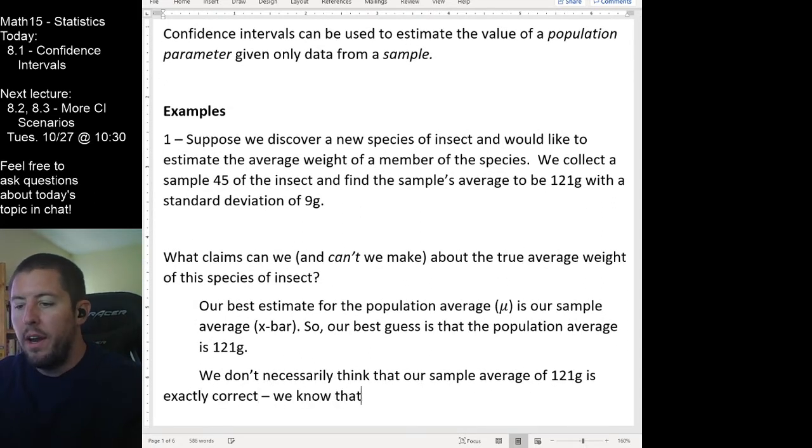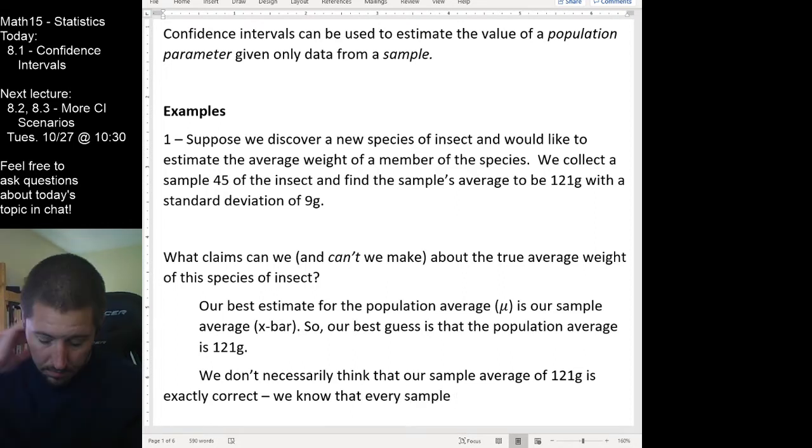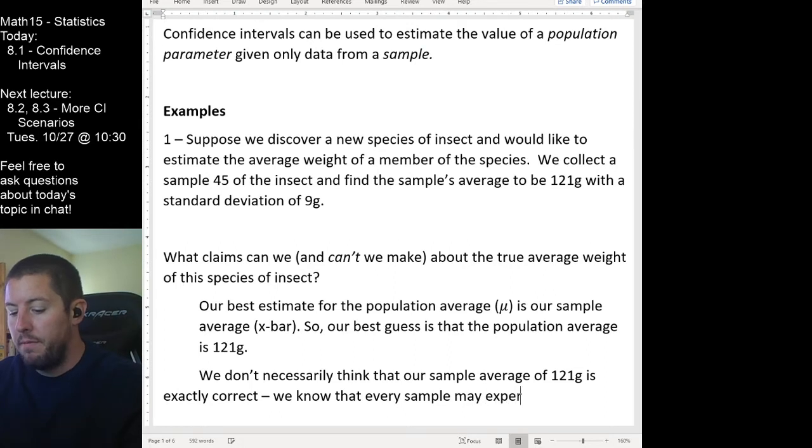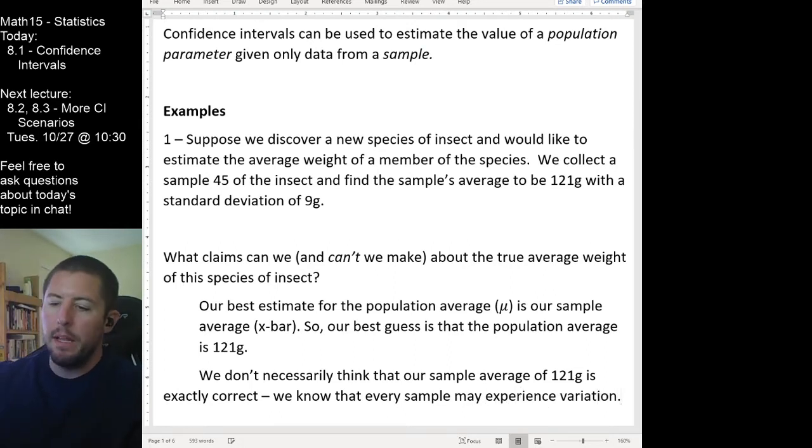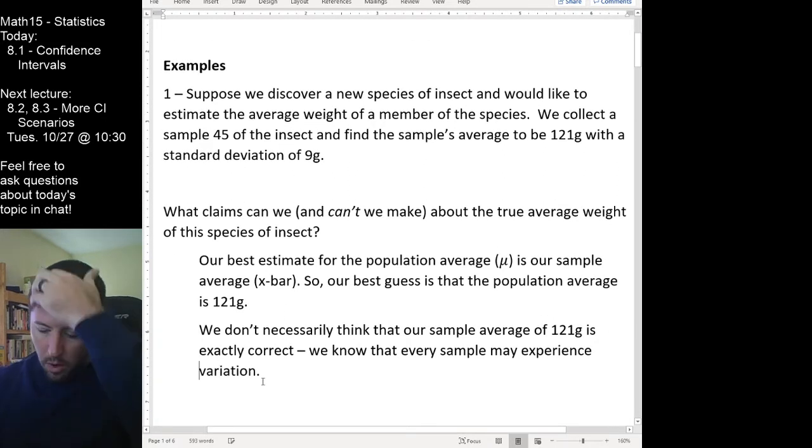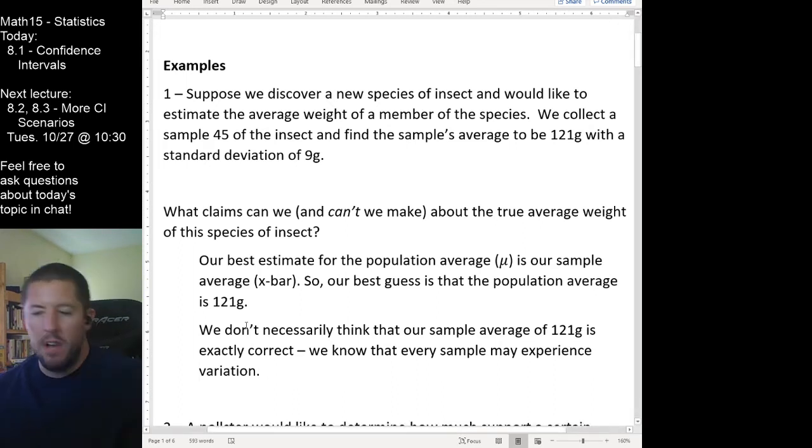We know that every sample may experience variation. Right? Every sample is going to be a little bit different than other samples that are taken out there. So we don't want to overstate what we know here. What I do know is that I have a pretty good guess for the value of mu. I could just guess the value of X bar. But what I'm kind of thinking here is I'm not certain that that's correct.